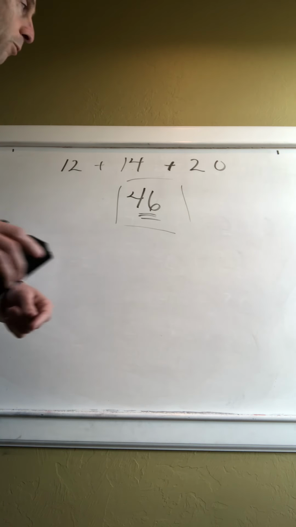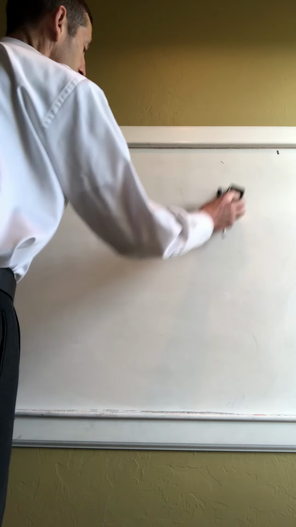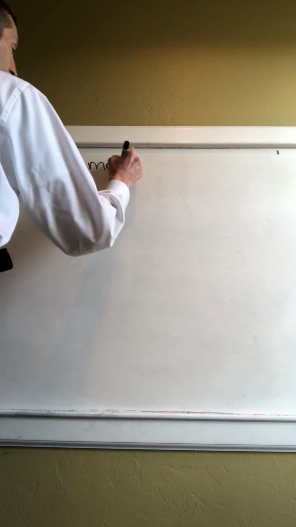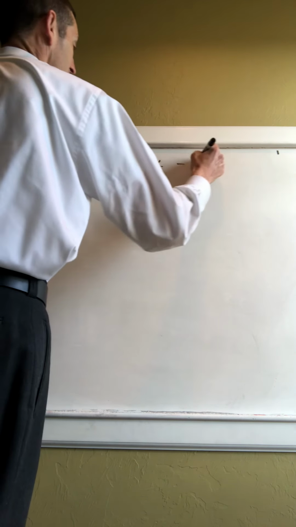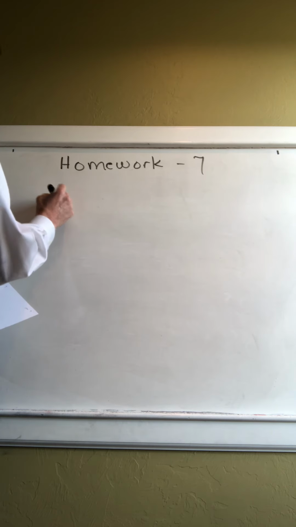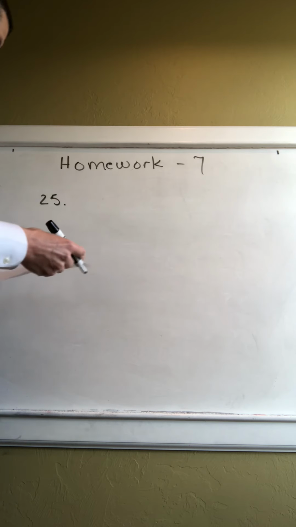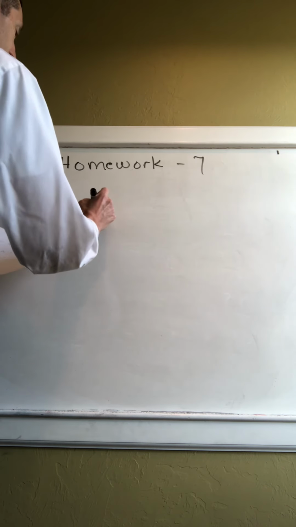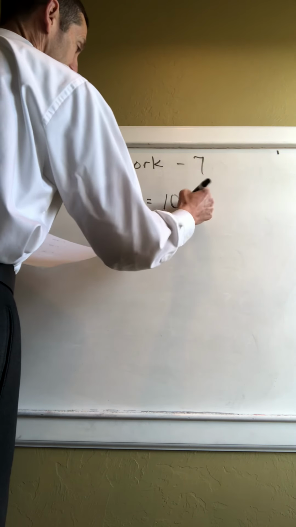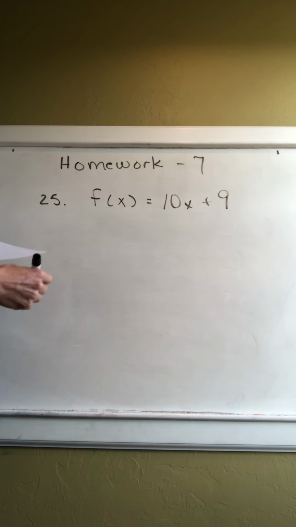Let's give you the 4 homework problems for homework number 7. Okay, so homework 7 are 4 problems. I believe we're all the way to number 25 now. So this is 25, f of x is equal to 10x plus 9.